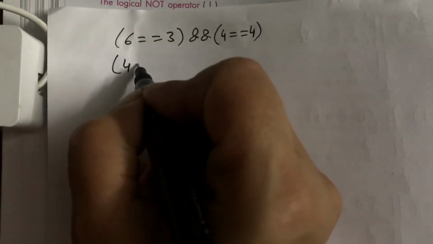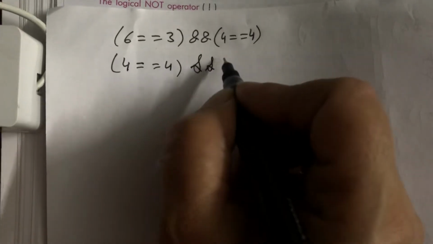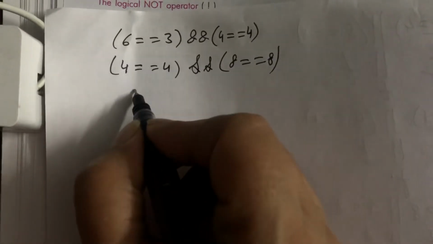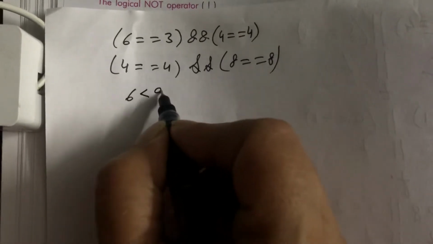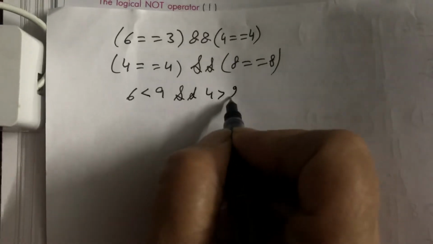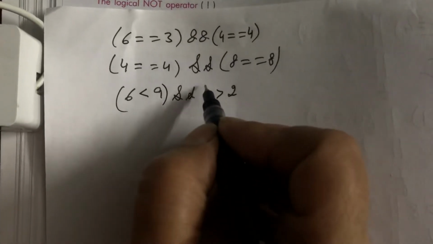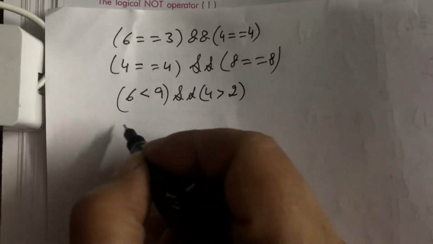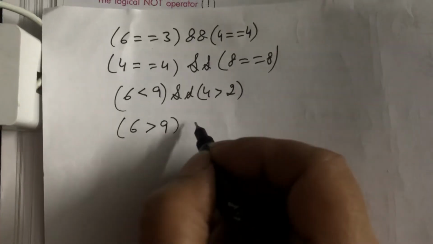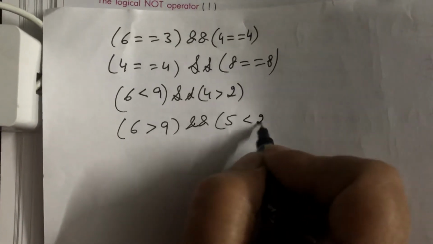Next is 4 double equal to 4 ampersand 8 double equal to 8. 6 less than 9 ampersand 4 greater than 2. And then we have here, you put the brackets or you don't put the brackets, it doesn't matter. 6 greater than 9 ampersand 5 less than 2.